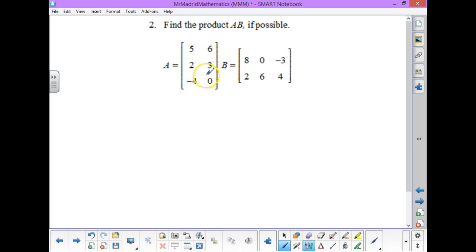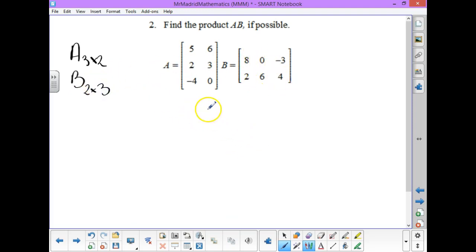So this one is 3 rows by 2 columns. That's A. On the side, we'll call A a 3 by 2, and then we have B, which is 2 rows and 3 columns. 1, 2, 3.